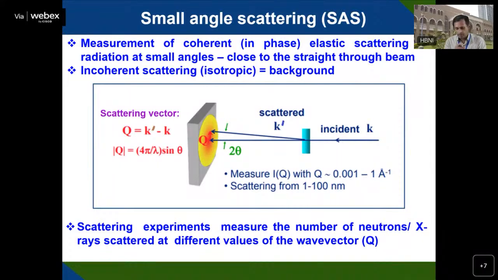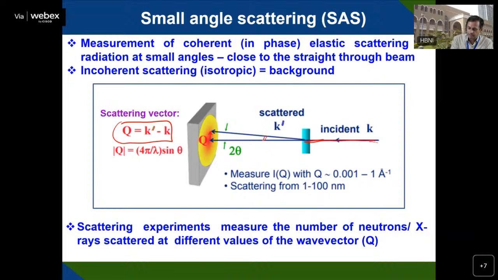As I told you, in small angle X-ray scattering we use the wave vector Q instead of theta. Q is nothing but 4 pi by lambda times sine theta. In small angle X-ray scattering, we mainly use coherent, in-phase, elastic scattering of radiation at small angles. An X-ray or neutron beam falls on the sample and is scattered at a very small angle.